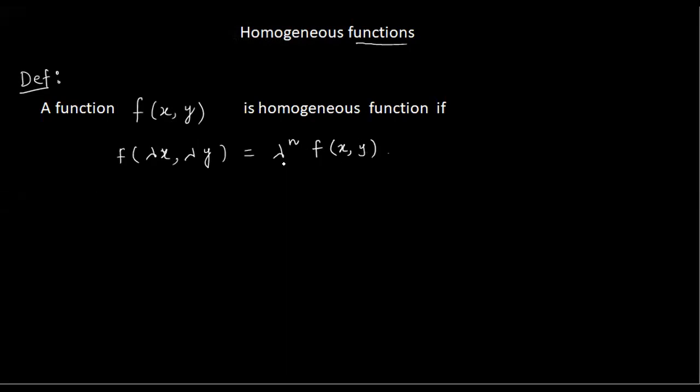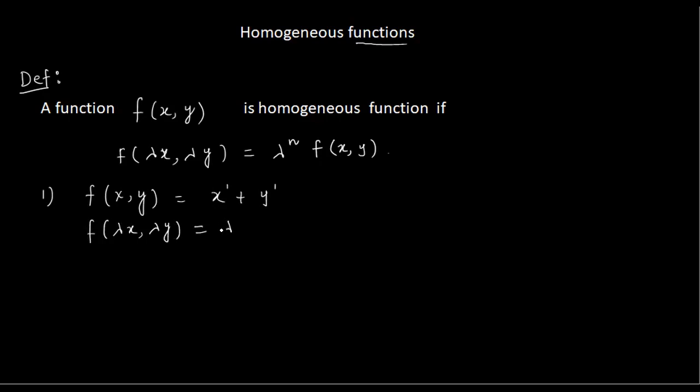Let us understand this through some examples. Our first example is very simple, straightforward. Here our function f of x, y is x plus y. You can see each term has degree 1, so it is homogeneous. However, we verify through this simple definition. Simply plug λx in place of x and λy in place of y.